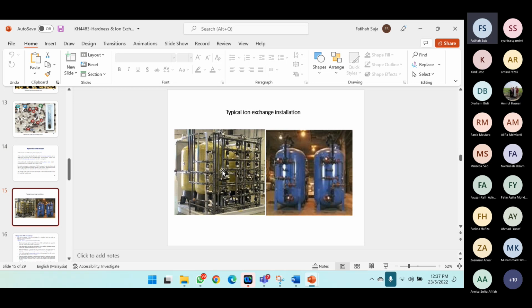This is the typical ion exchange installation. If you go and visit industry, it is very common to have ion exchange, not only for water hardness but also for adsorption. That's why it is very common, because it's easier to install and very compact. You can buy this treatment unit off the shelf.